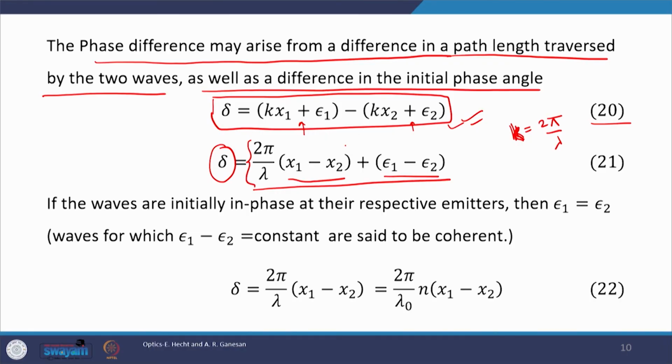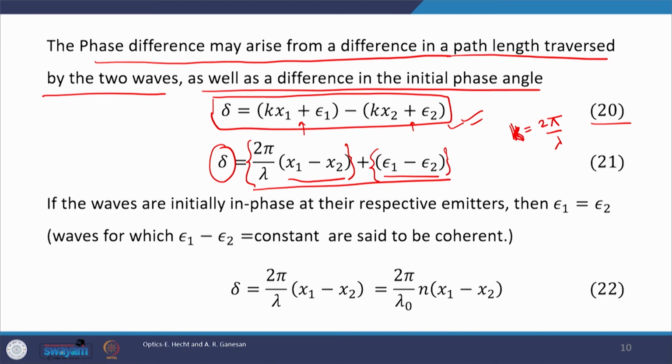If you multiply path length difference by a wave number, this path length difference then gets converted into phase difference. Okay. Therefore, this first term represents phase difference due to the path length difference, while the second term, which is epsilon 1 minus epsilon 2, owes its origin in initial phases of the two waves.